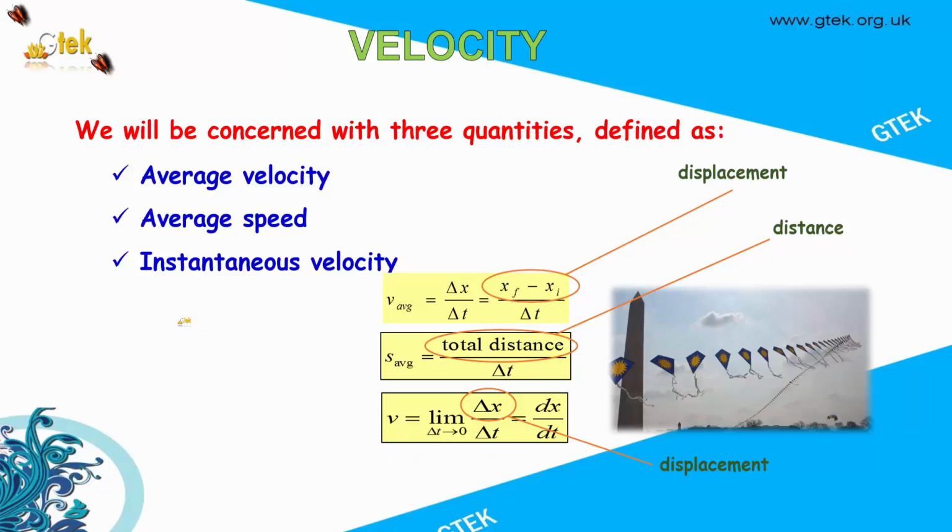And for instantaneous velocity, the formula specification is V equal to limit del t tends to 0 of del x divided by del t, that is equal to dx divided by dt. Here del x is the displacement. So these are the three quantities of velocity, and these are the related formulas.